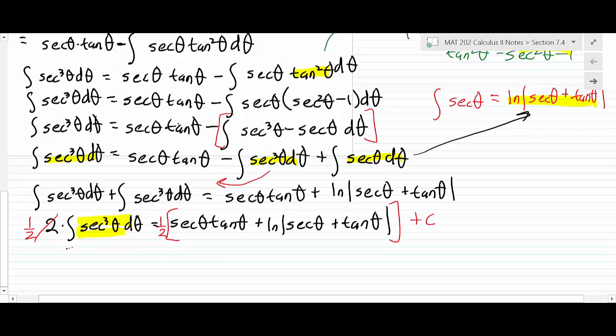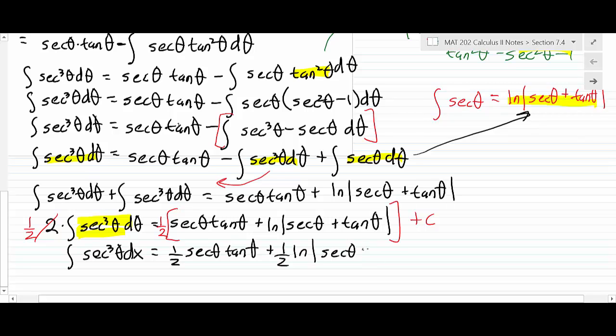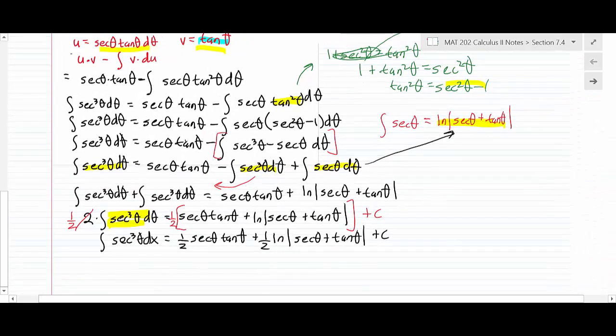So what we end up having is the integral of secant cubed theta d theta equal to 1/2 secant theta tangent theta plus 1/2 ln secant theta plus tangent theta plus c. That's a big problem right there.